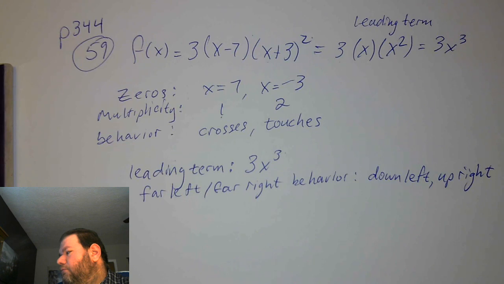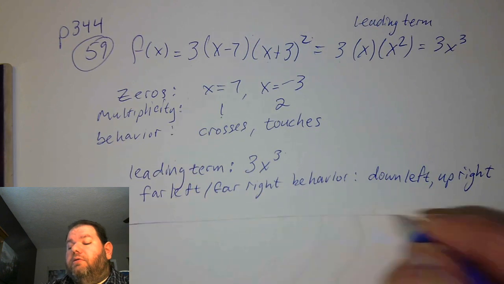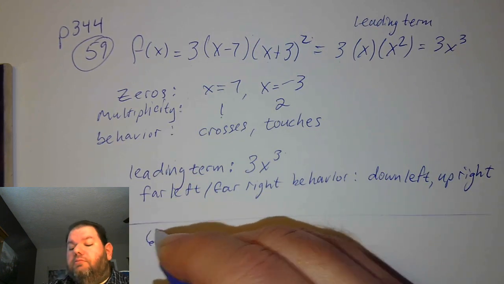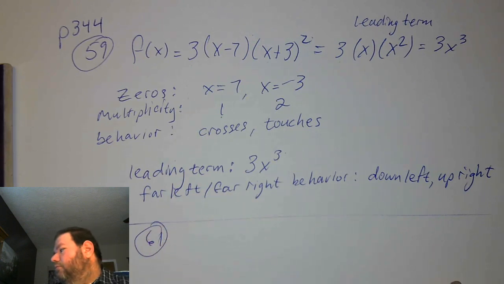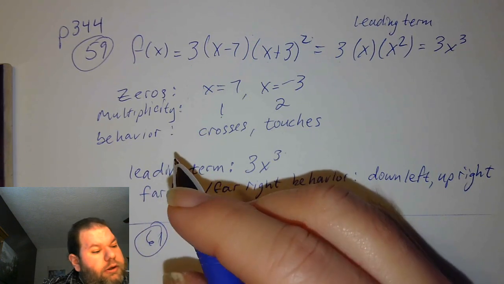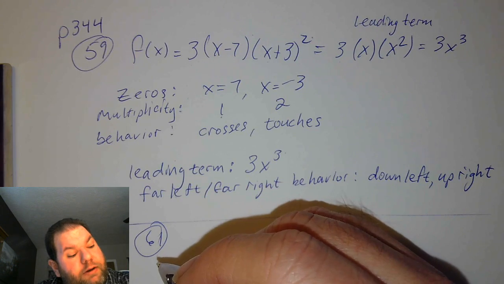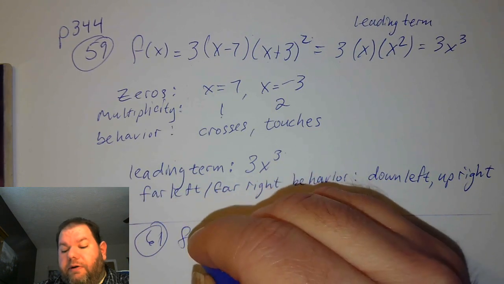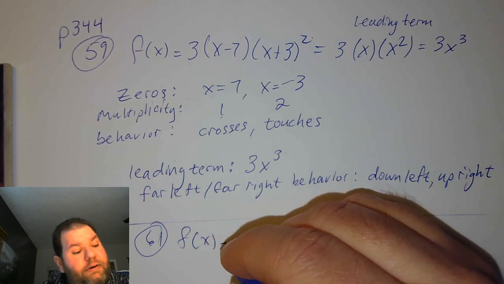Never mind. Okay. That's fine. We'll do another one. We'll do 61 like you asked, and maybe that'll help. Let's see, 61 we have... 61 is going to be a little bit different.